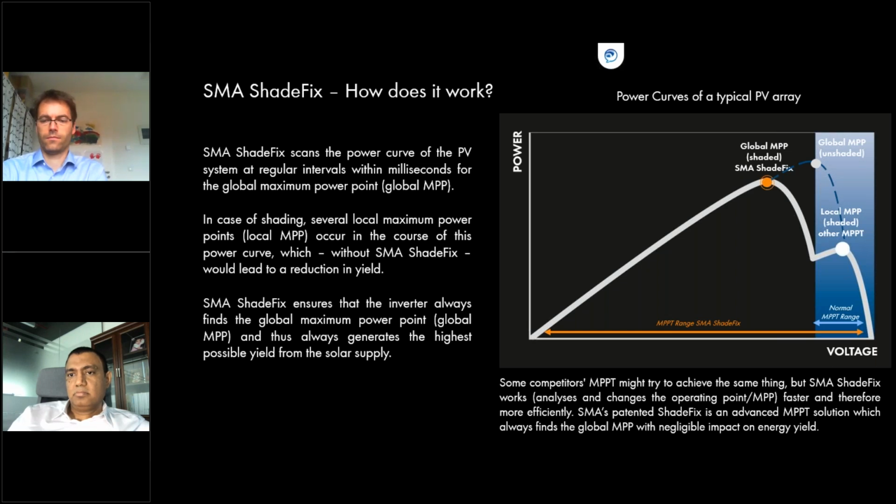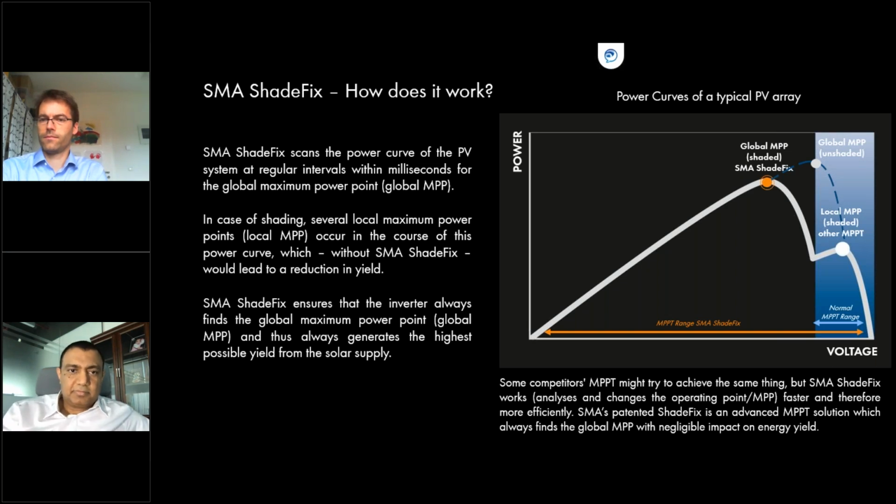So what you can see here is that there is at the end a different local MPP, as we call it. So we have the global MPP, the combined maximum power point that you get out of this PV plant, and you have a local one, because the module itself is shaded. So what you can see is the difference in output power.